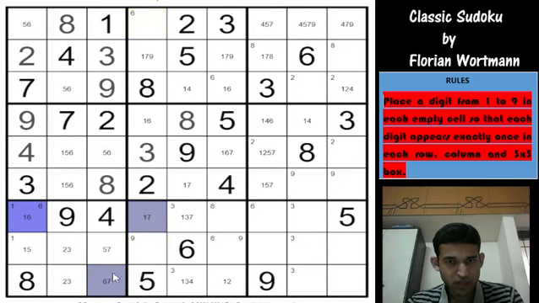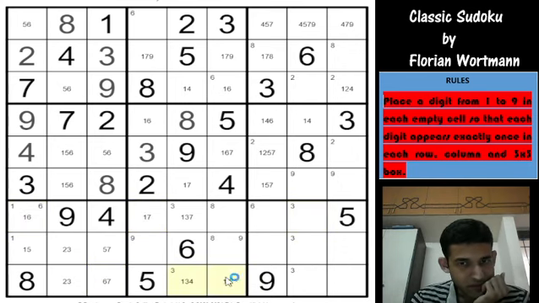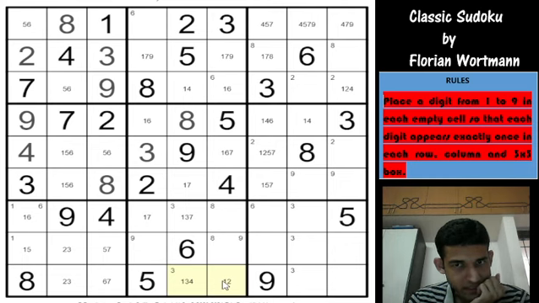Okay, I'll just remove the highlighted cells from here. I was hoping that this would help us, guys. Elimination of 7 from these cells, but it's actually not helping.